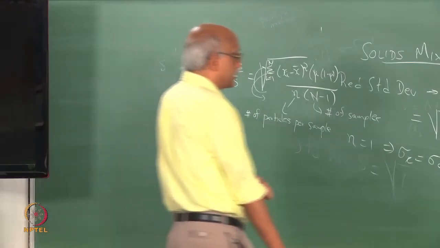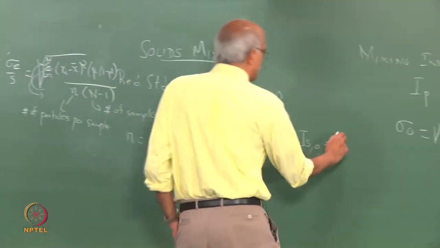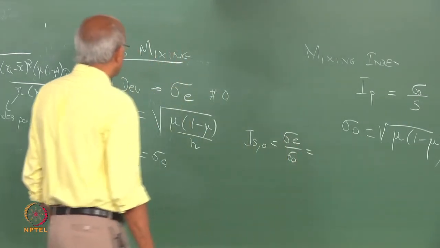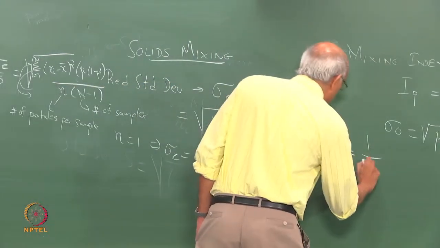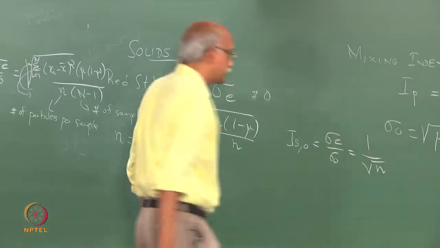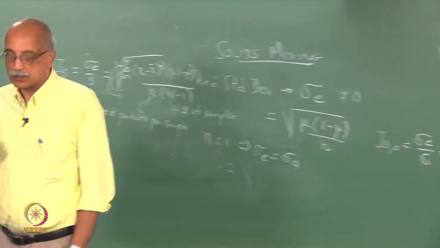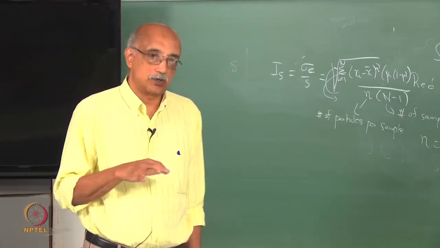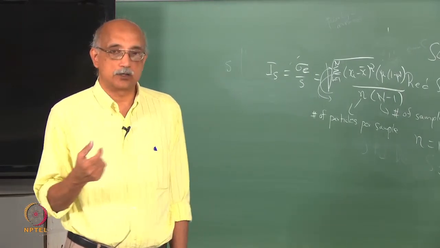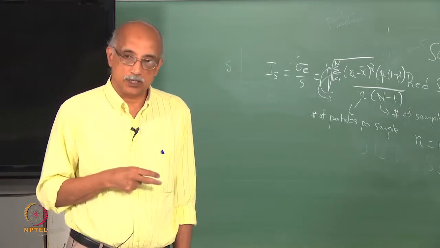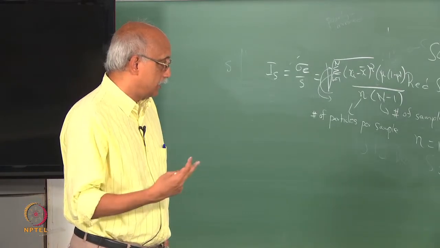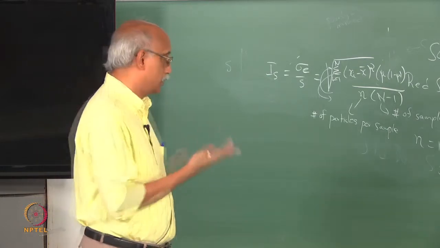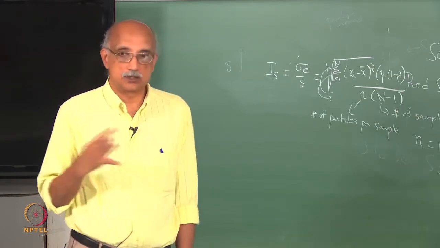It is actually the ratio between sigma e and sigma 0, or it is equal to 1 by square root of n. The mixing index at time equal to 0 for a solid mixture is 1 by square root of n. Again, n is the number of particles that you have per sample that you take, and if it is equal to 1, then the initial value of your mixing index for solids is also equal to 1.